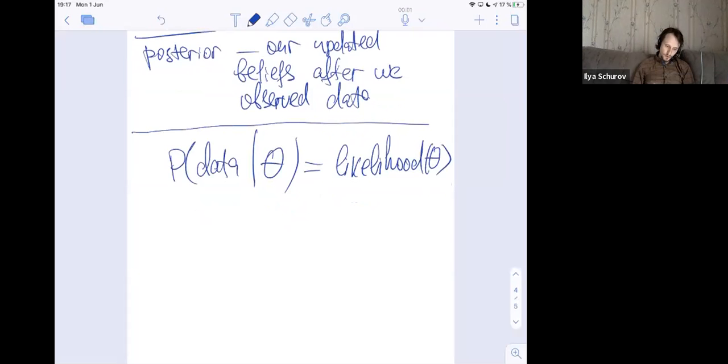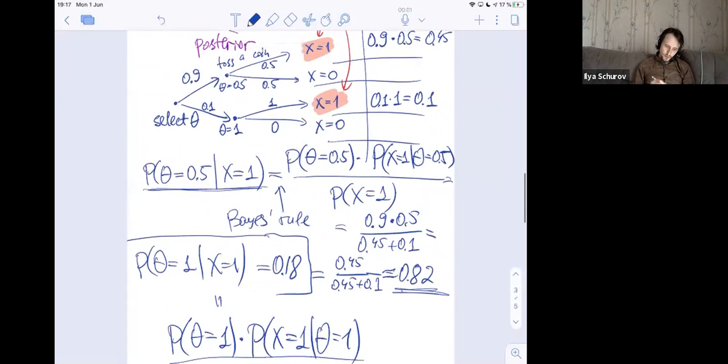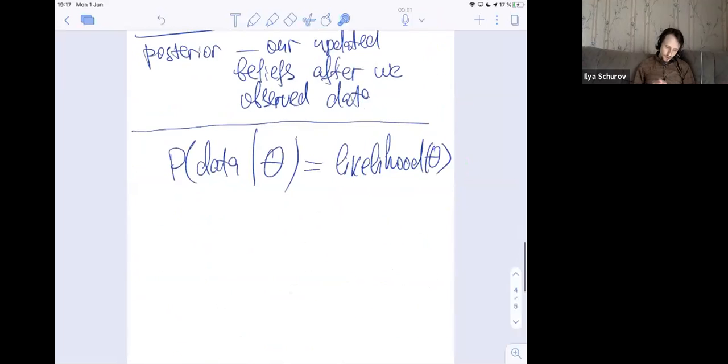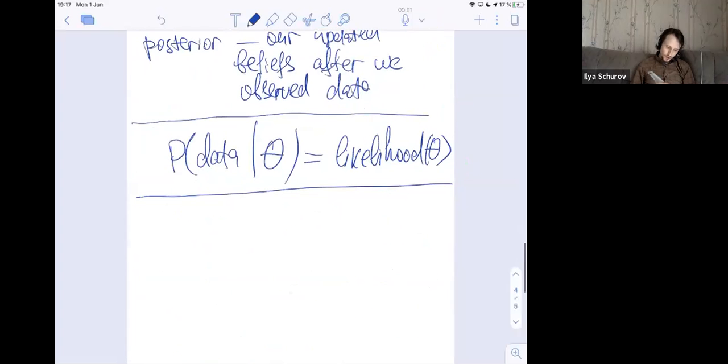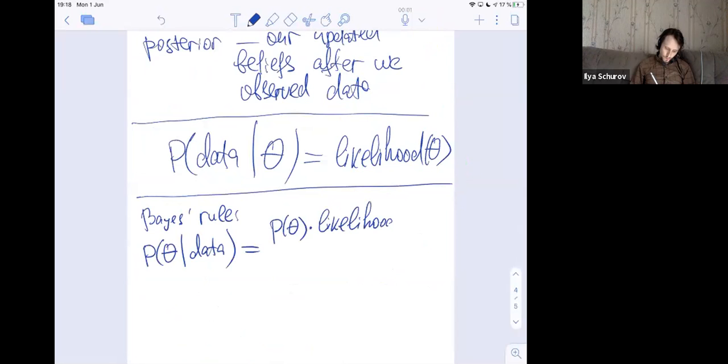So we have the following. We can rewrite this formula in the following way, a bit more generally. I want to find probability of theta for a particular data. And this probability equals prior probability of theta times likelihood of theta, divided by probability to get data.